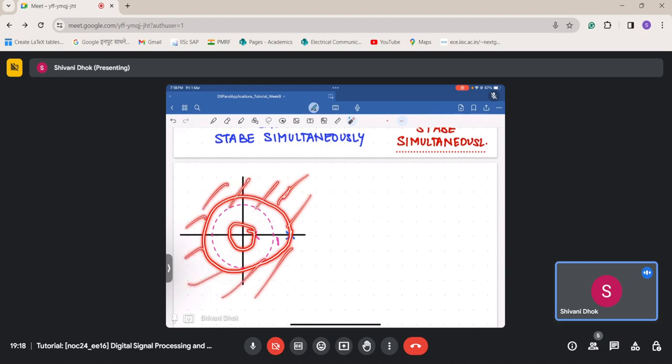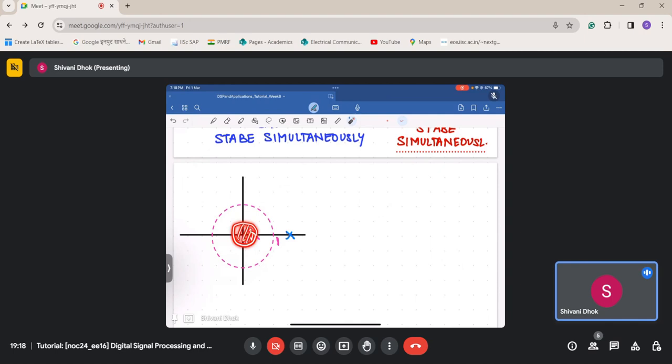This is causal but not stable. And the last one is this, which is neither causal nor stable. So these are the three possibilities. So again, with one pole outside and one pole inside, we can't find a causal and stable system.